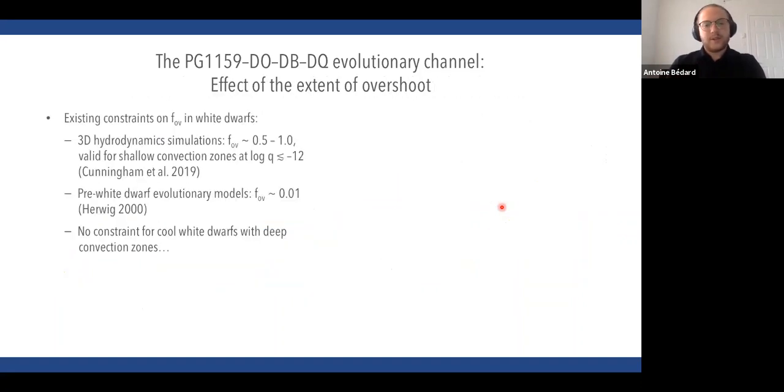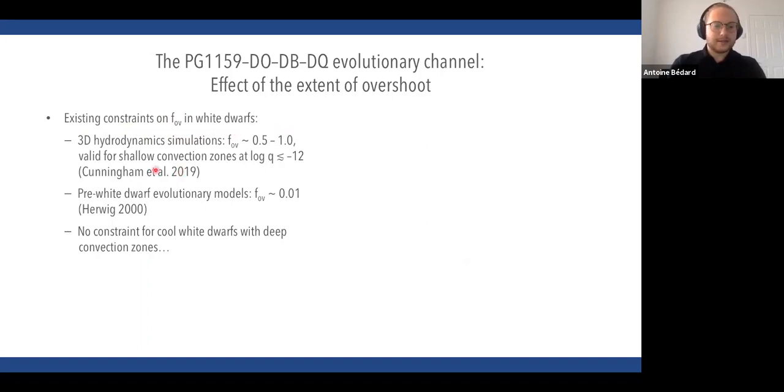There's one parameter that I want to discuss a bit more, and it's this F factor, which controls the extent of overshoot. The reason I want to discuss it more is that, unlike the other parameters, this one is very poorly constrained. There are 3D hydrodynamic simulations by the Warwick group, for example, that predict that F should be of the order of unity.